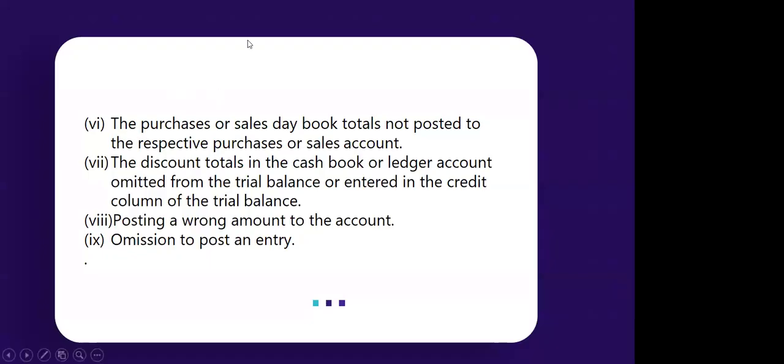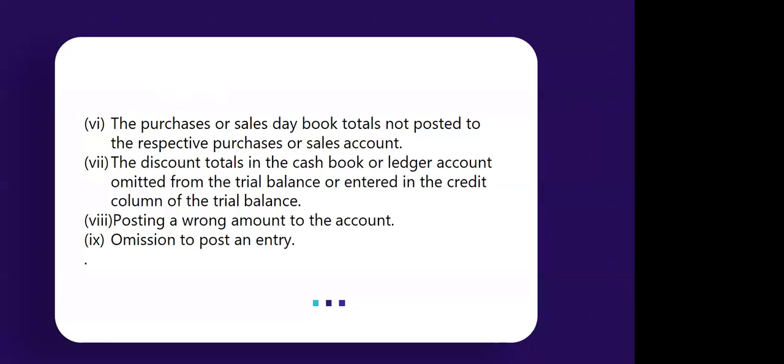If you know the other 6, you can tell the other 6 that are not detected by the trial balance. It means for any other scenario that is presented to you, you will automatically conclude this is an error that is detected by the trial balance.